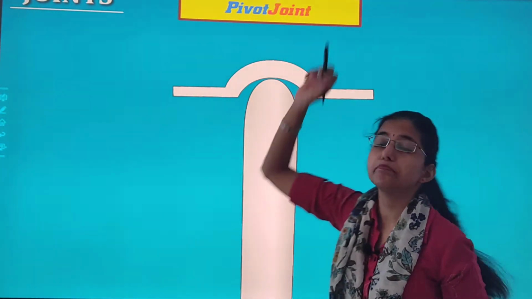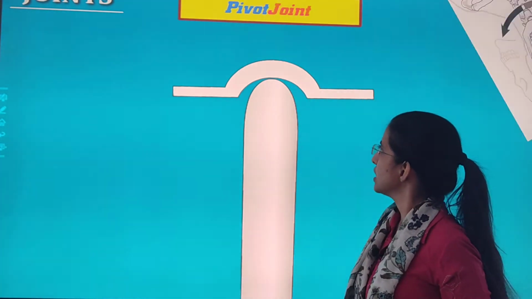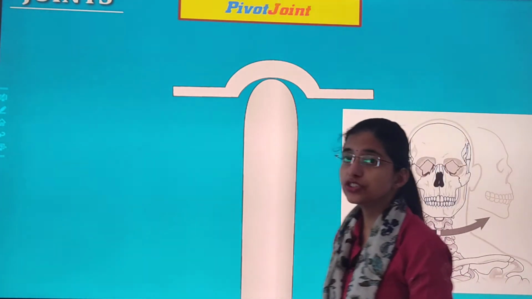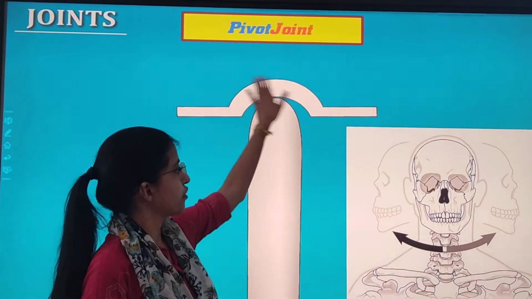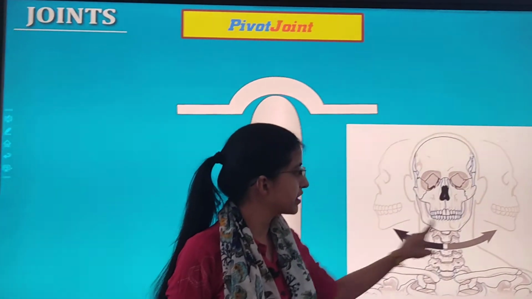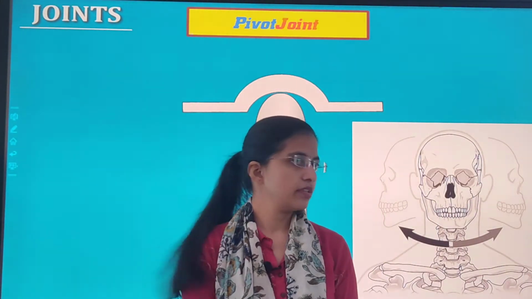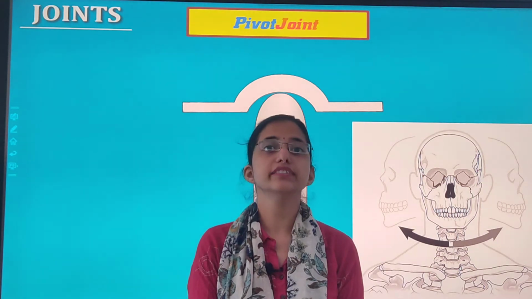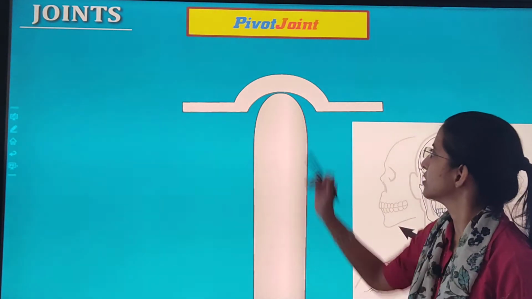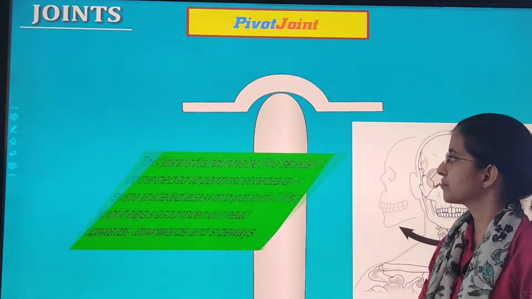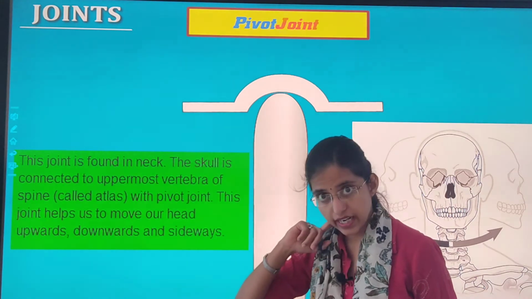The next one is pivot joint. This joint is present in our skull. Because of this, we can move our head sideways, up and down. This joint is found in the neck.